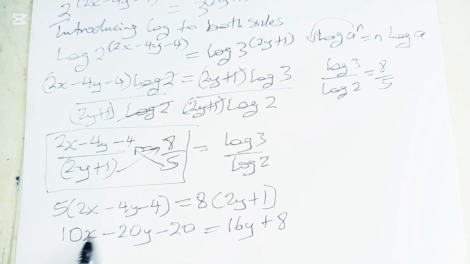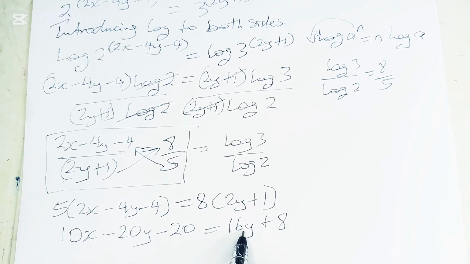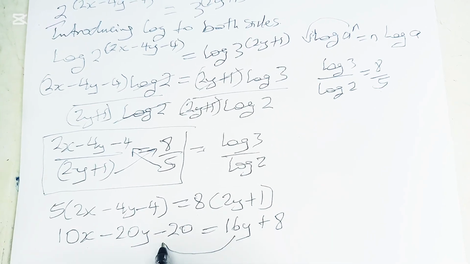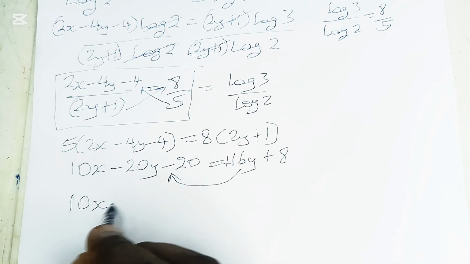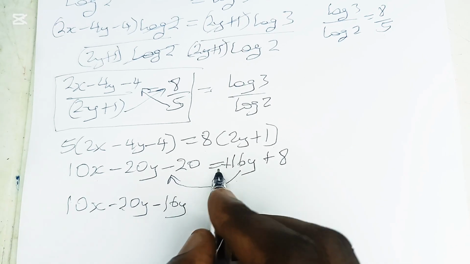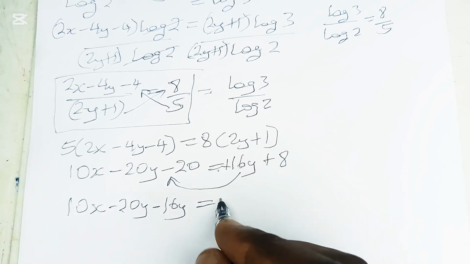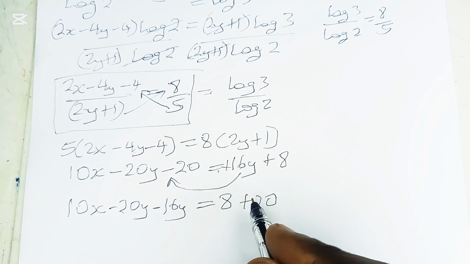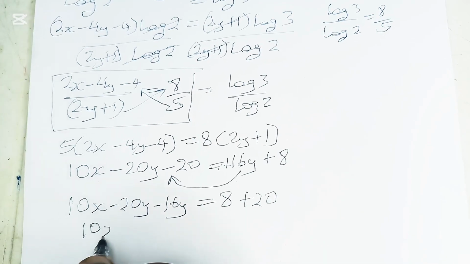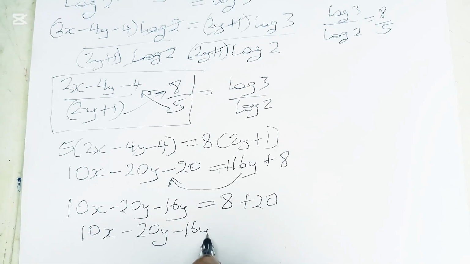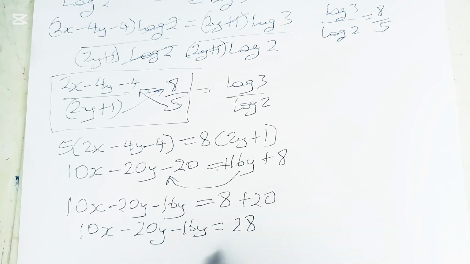From there, minus 20, this comes over here and this goes to that side. So when this comes here, this is plus, it's changed to minus. So we have 10x minus 20y minus 16y coming here is equal to 8 minus 20 comes over here plus 20.